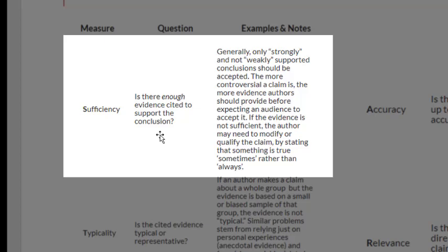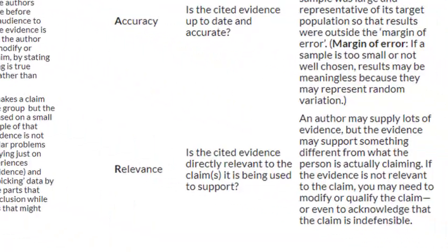But if the evidence isn't sufficient, of course, you might need to modify the claim, or at least qualify it. So we talked about qualifying claims before: you recognize and are transparent that there is not sufficient evidence for something, but you're explaining why it might still be true, sometimes true rather than always true. So that might be something to consider.